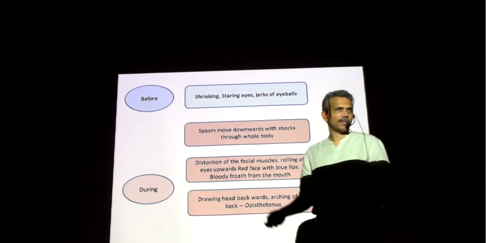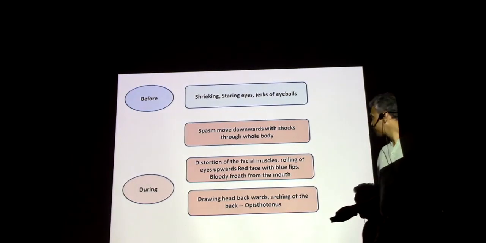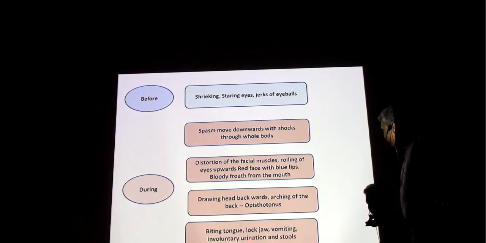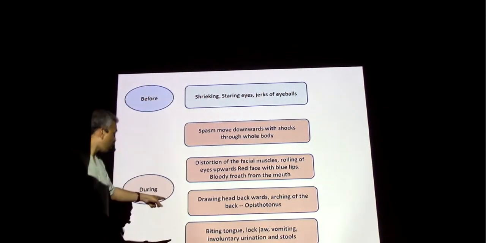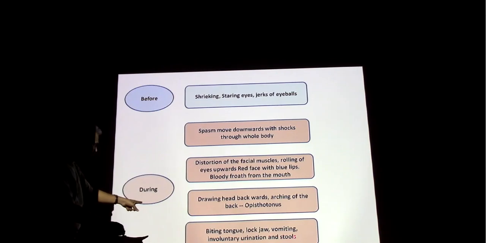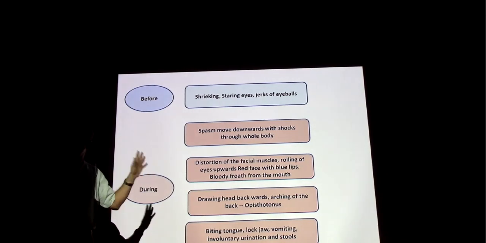Nux vomica. Yes. Nux vomica, opium. Biting tongue. You saw this. Biting tongue, locked jaw, vomiting, and this is also very important. Involuntary urination and stool. Hope you are getting it.